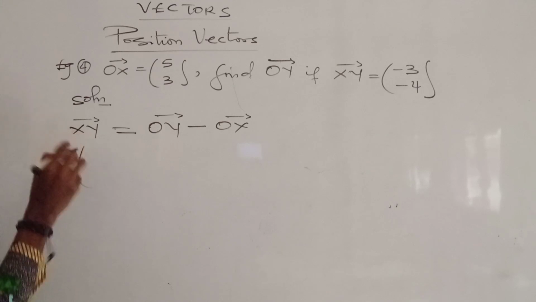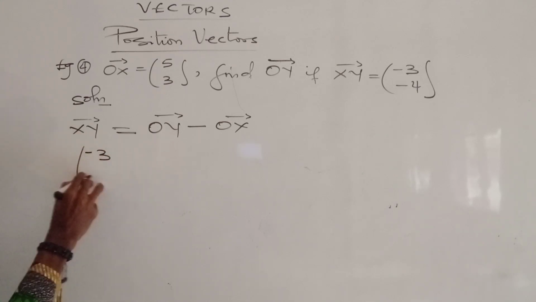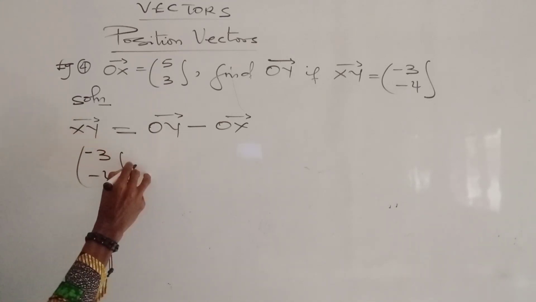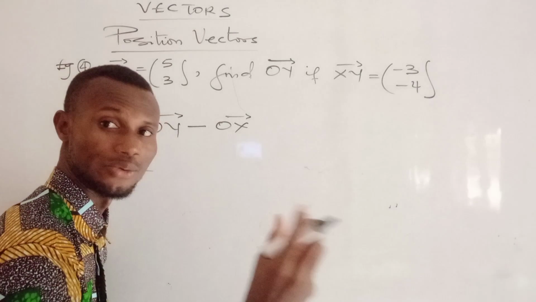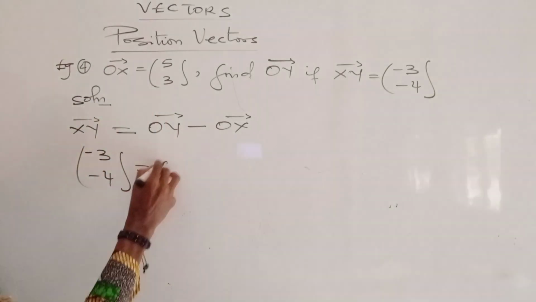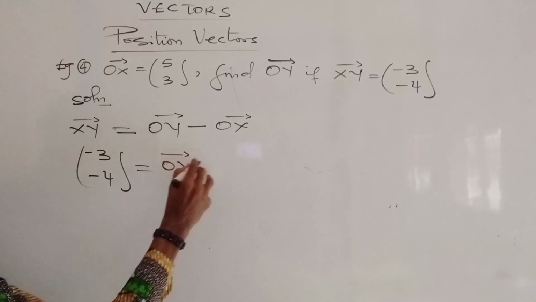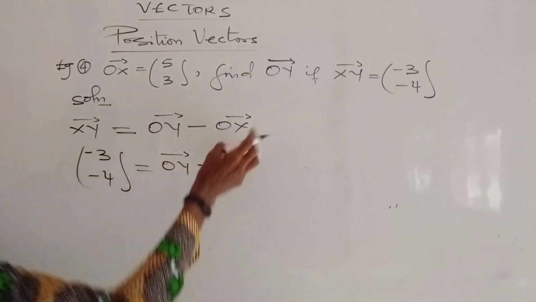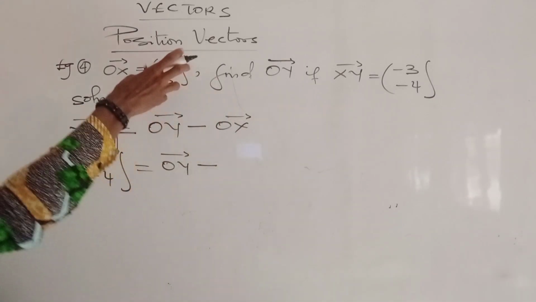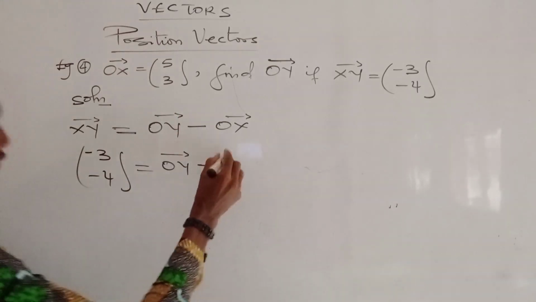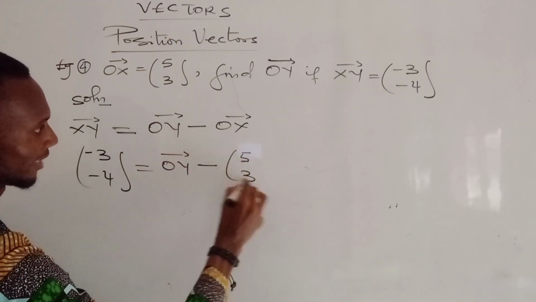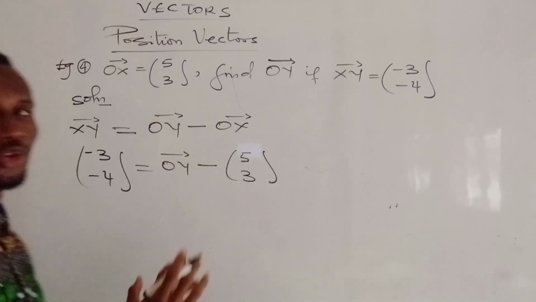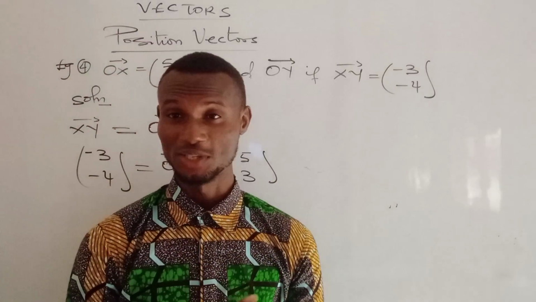So in place of the vector SY, I put my -3, -4 there, equal to the vector OY, which we don't know. That's what we are looking for. So I'll repeat my vector OY here. I'll bring my minus sign, and the OS is given to be 5, 3. So in place of the OS, I'll put my 5, 3 there. I hope you understand and you agree with me up to this point.